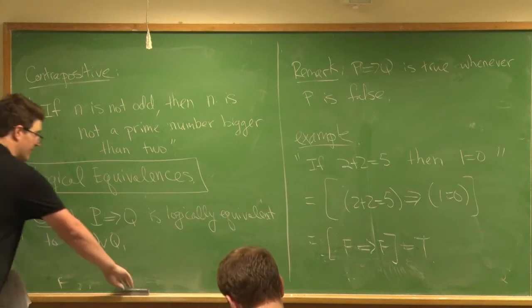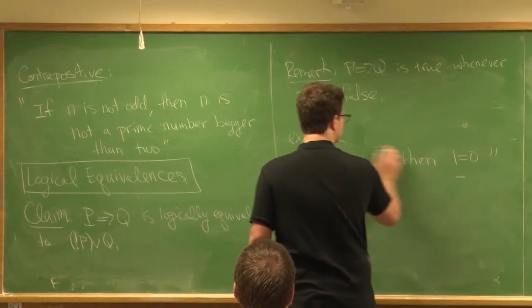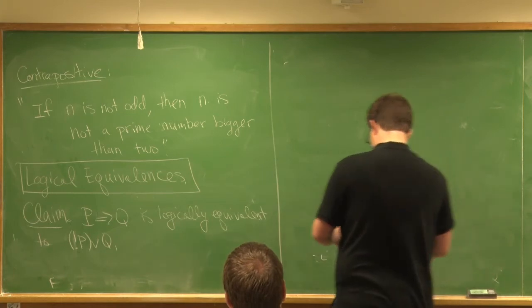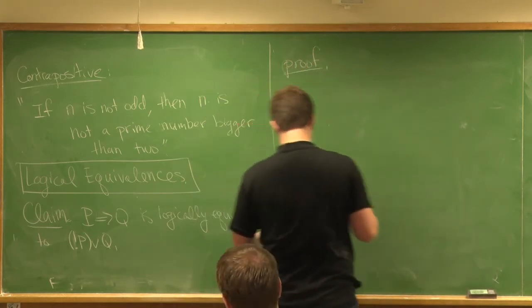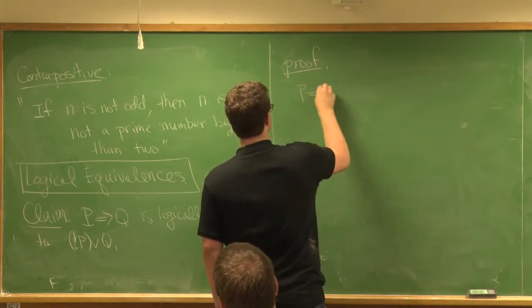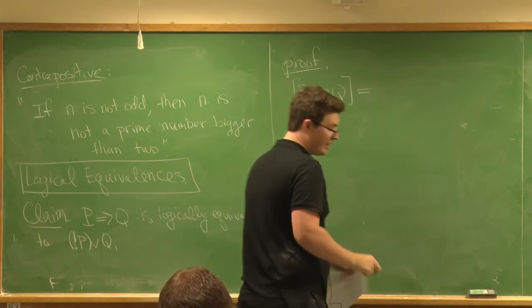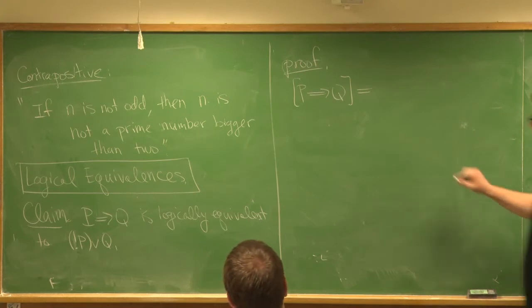Here's a proof. I'm going to start with P implies Q, and let's apply the definition. What was the definition of P implies Q? It was not (P and not Q).